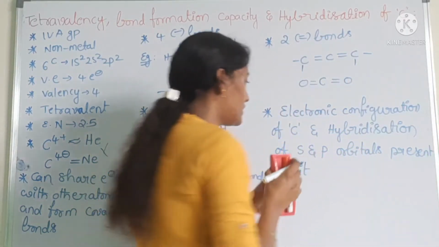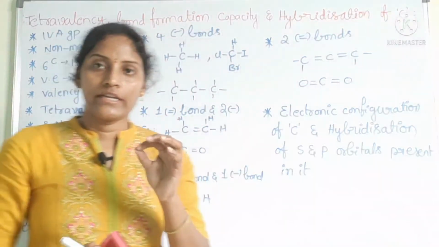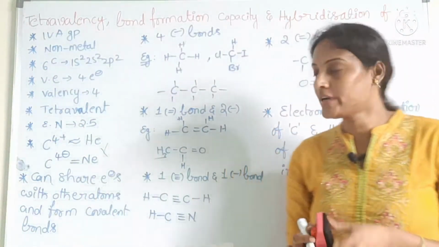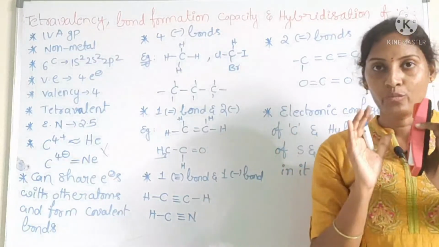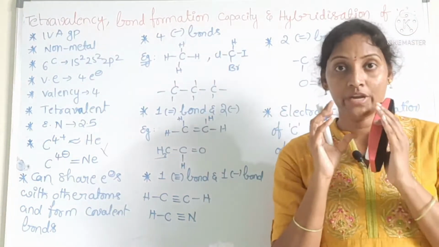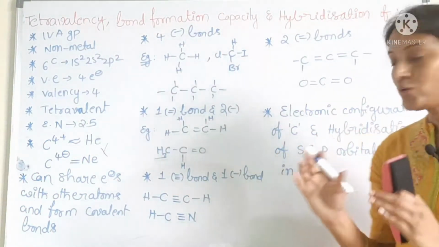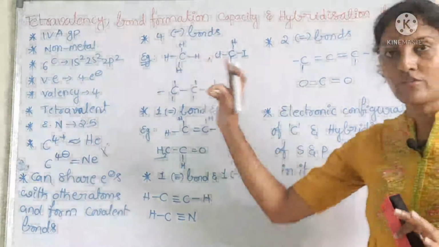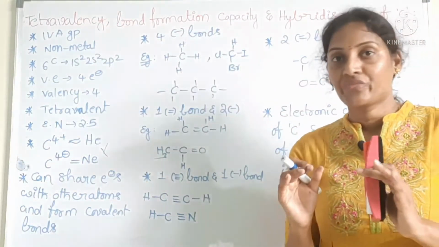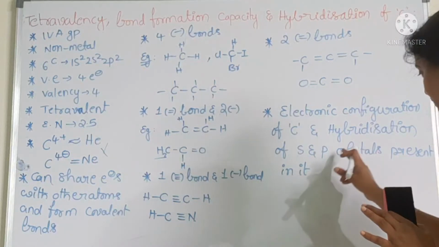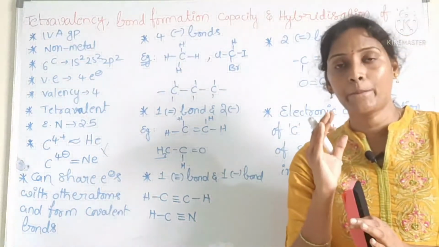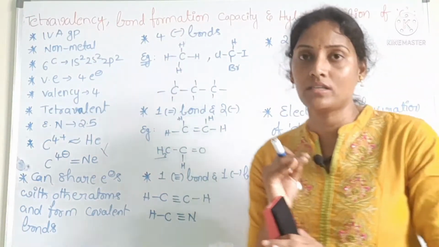Okay, see here this point. The tetravalent nature of carbon and different types of bond formation capacity can be explained by the outer electronic configuration of carbon and hybridization of s and p orbitals present in that carbon.